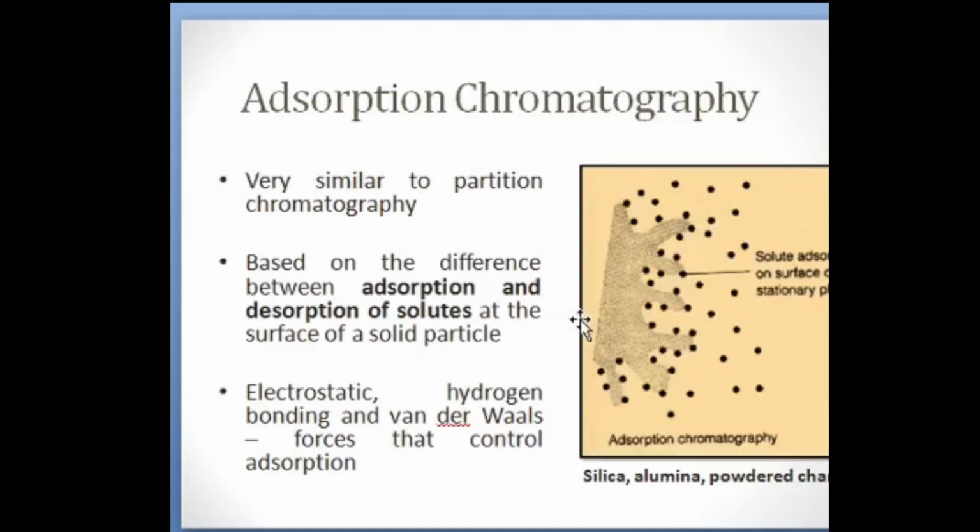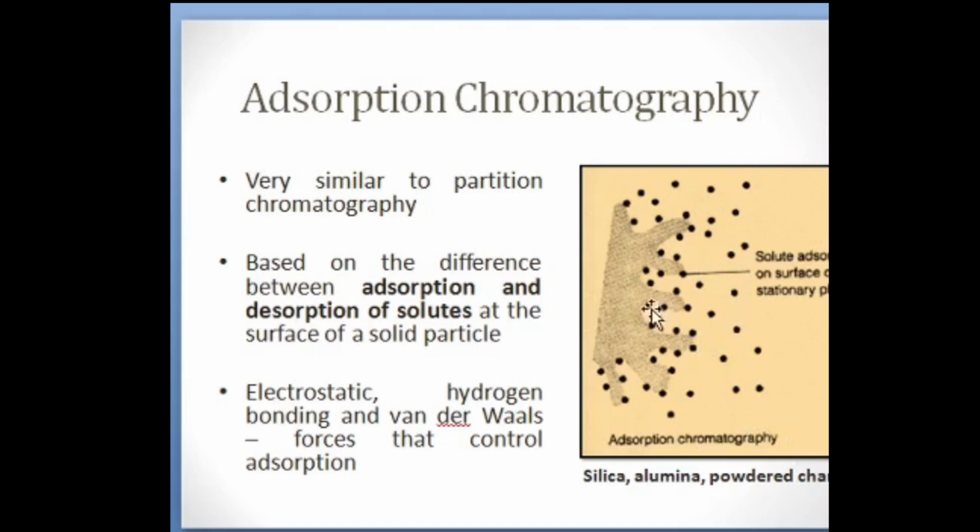Then another is adsorption chromatography. From the name itself, you can understand it is based on the principle of adsorption. This is very similar to partition chromatography. The solutes will be adsorbed on the solid particle, and the removal of the molecules is known as desorption.